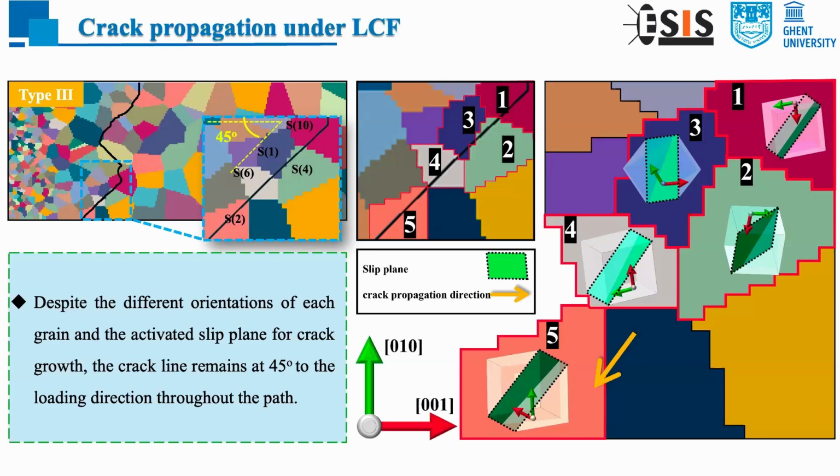The orientation is different, the activated slip system is also different, but the crack path is nearly a straight line. That's why we call it the long crack propagation regime, which is not only dependent on the dislocation slipping, but also affected by the external loads.